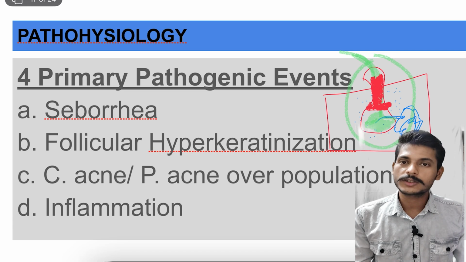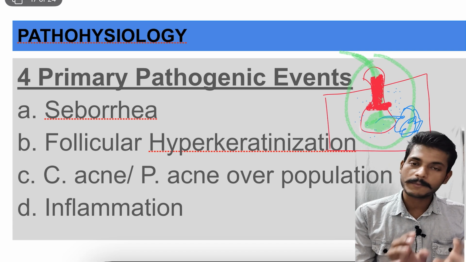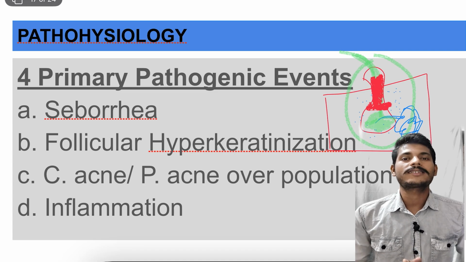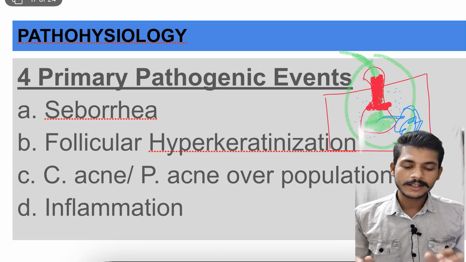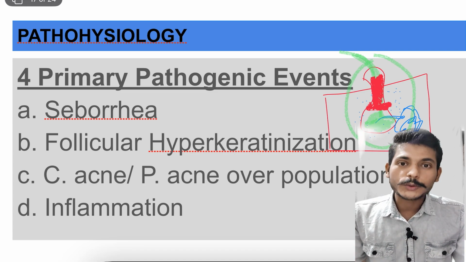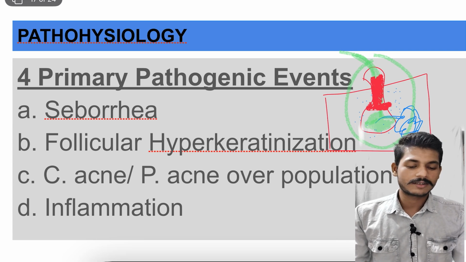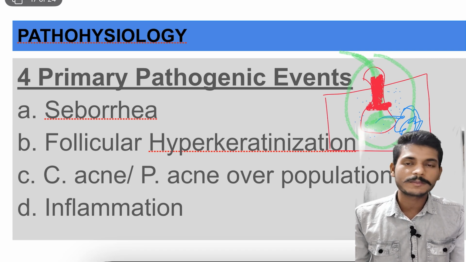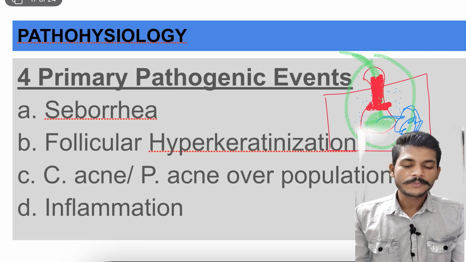Remember, C. acnes refers to Cutibacterium acnes and P. acnes refers to Propionibacterium acnes, and both are similar names. All this leads to the inflammatory condition, because their overgrowth can block the pilosebaceous unit. Sebum won't find space to excrete out from the microenvironment of the skin to the external environment, and thereby the gland bulges, and that leads to inflammation.